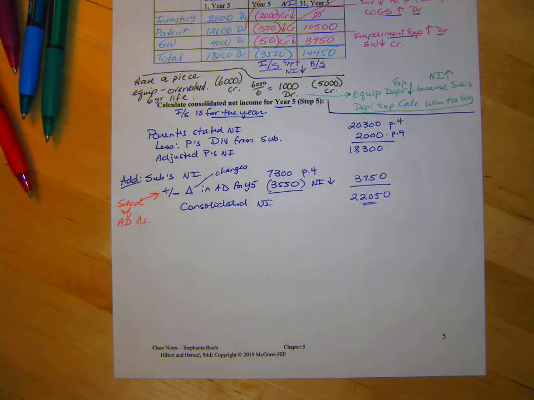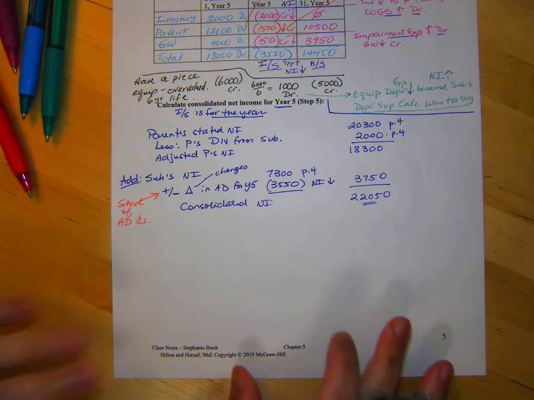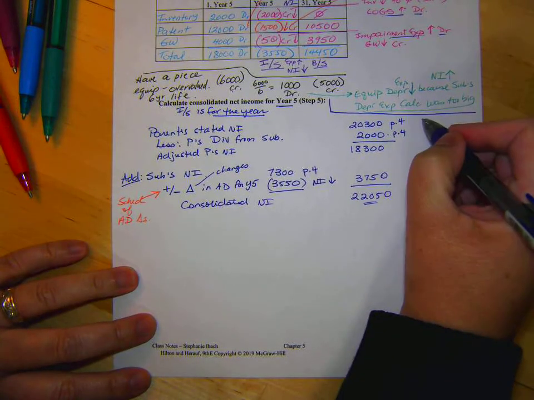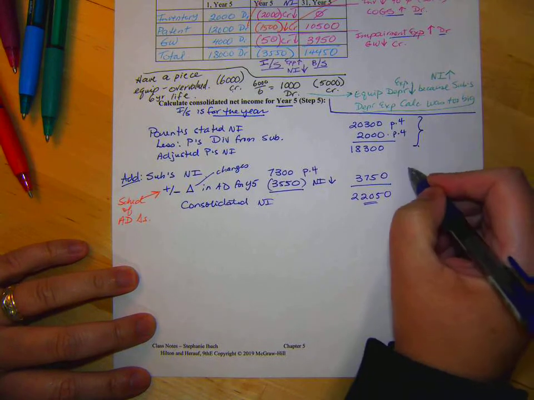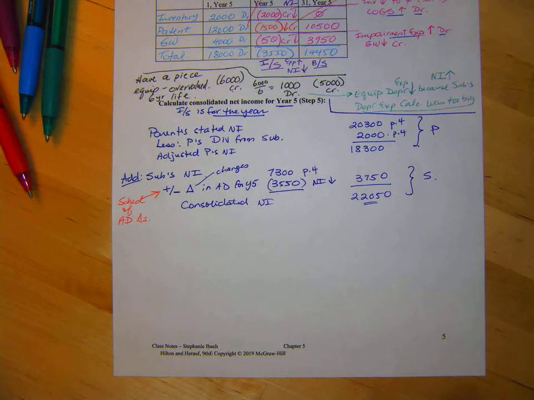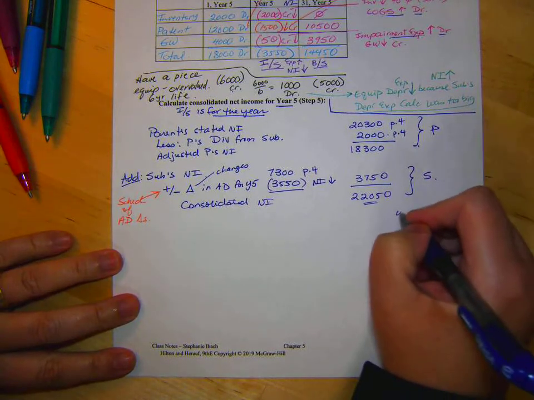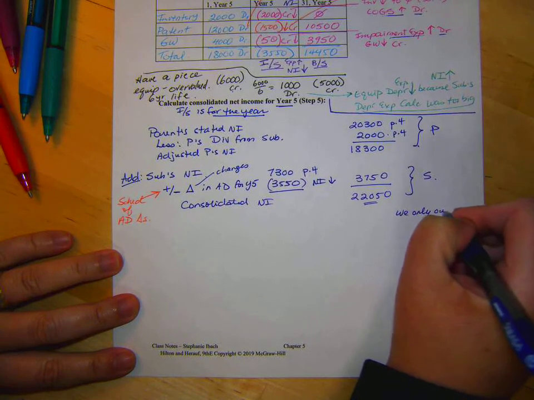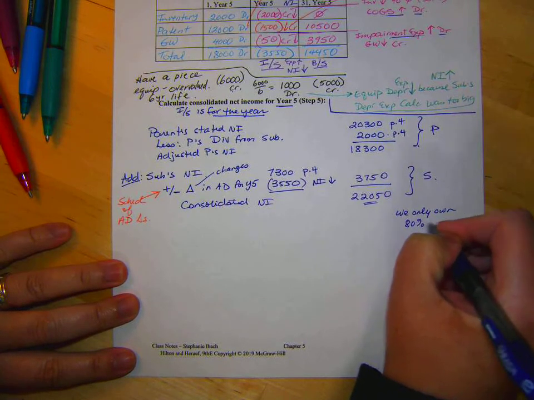Now, the one thing we have to be aware of is this is the parent's portion and this is the sub's, okay? So do we own 100% of the sub? No. We only own 80% of the sub.